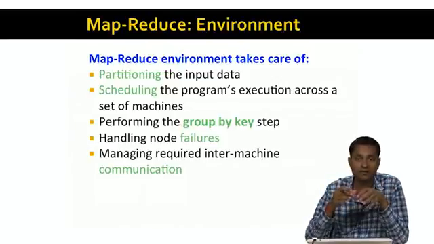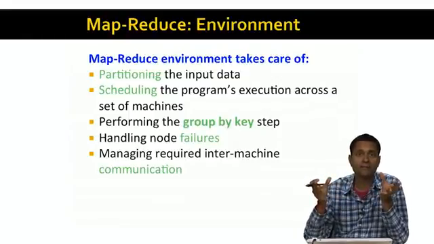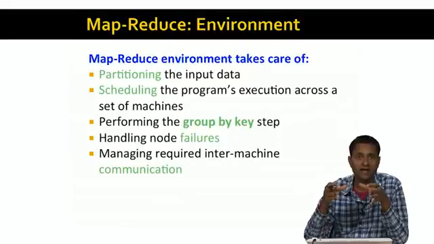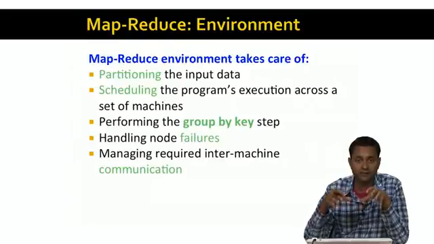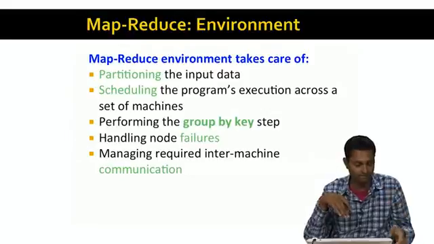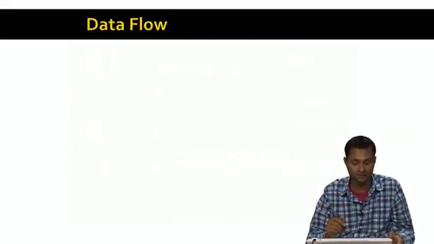It performs the intermediate group by step. And while all this is going on, some nodes may fail, and the environment makes sure that the node failures are hidden from the program. And finally, the MapReduce environment also manages all the required inter-machine communication. So we're going to take a look at exactly what's going on in a little bit.